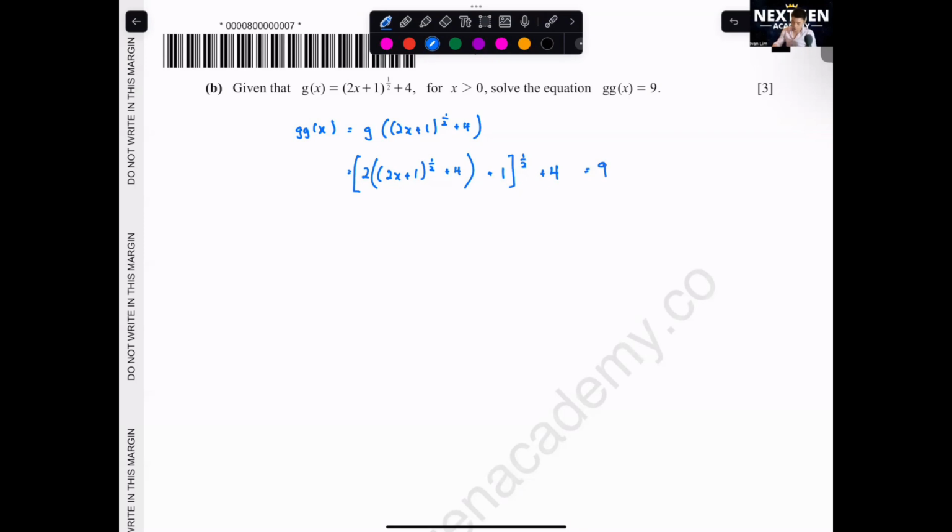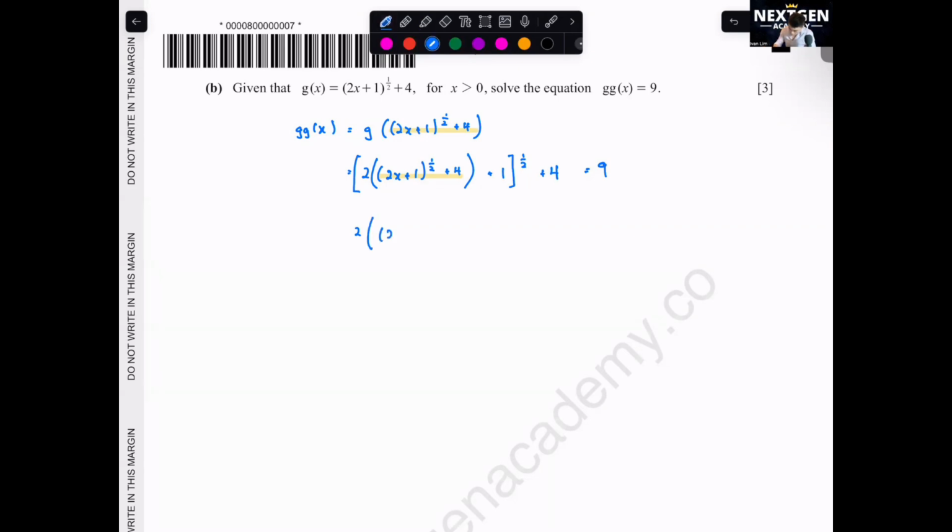Bring the 4 over to the other side first. Hold on, let me just double check, am I doing the correct bracket? x is this whole thing, right? Plus 1. Okay, we bring the 5 to the other side first.